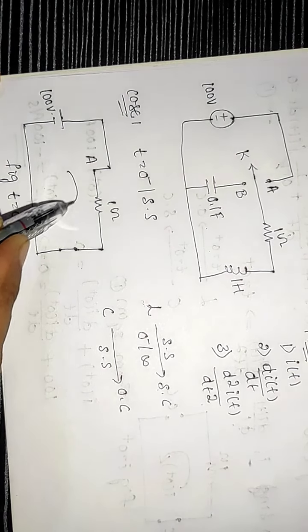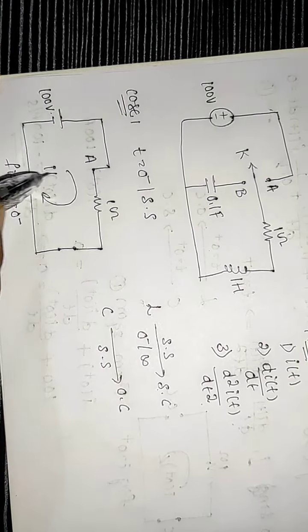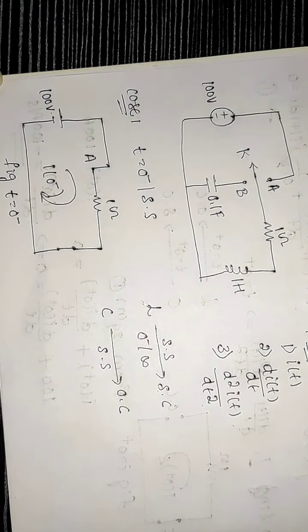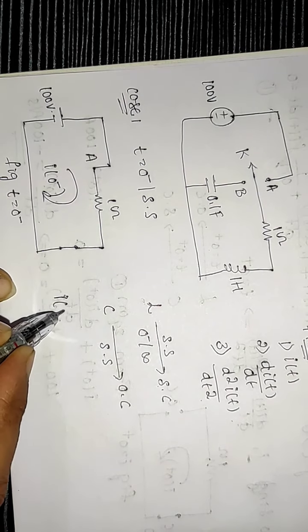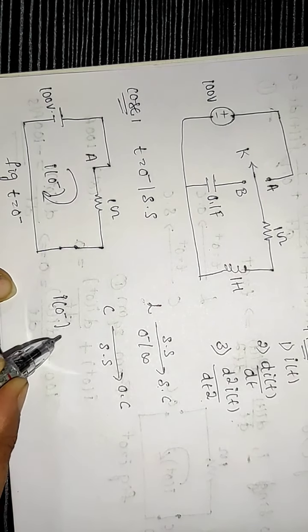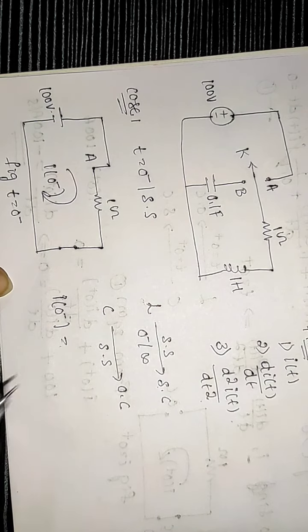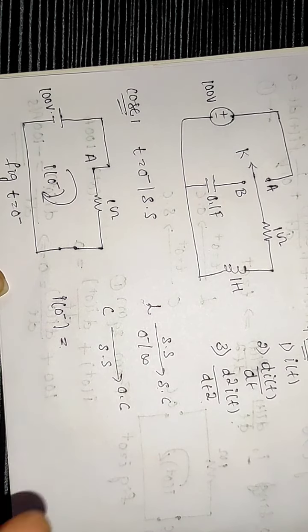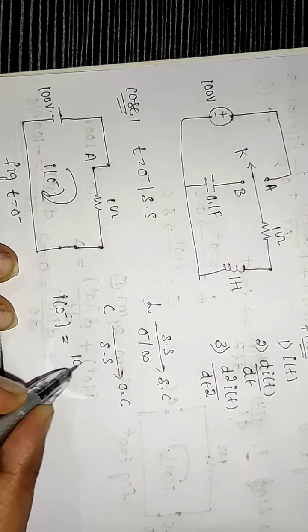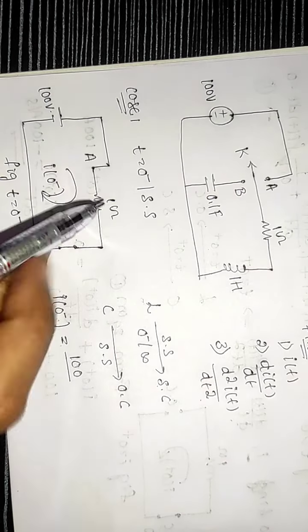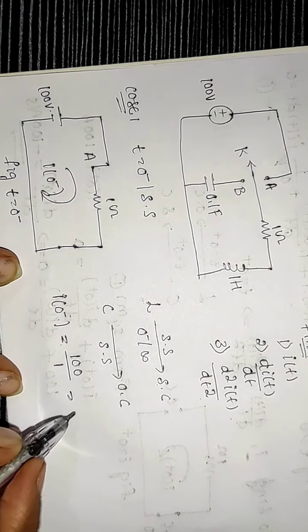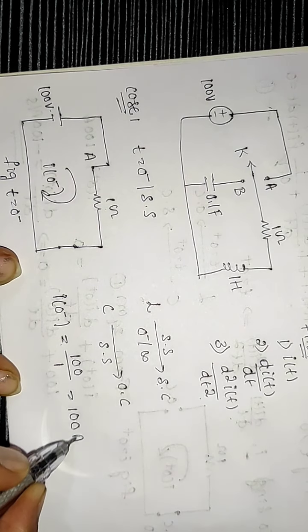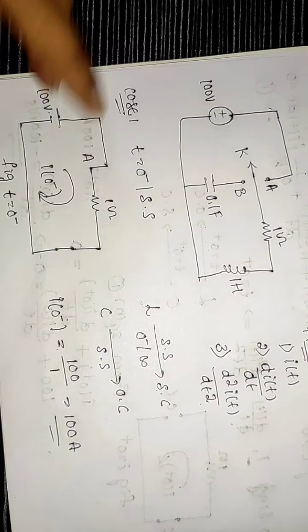Here the loop current, I of 0 minus, we need to find. I of 0 minus equals 100 volt divided by the one element there, that is 1 ohm, so you get 100 ampere.